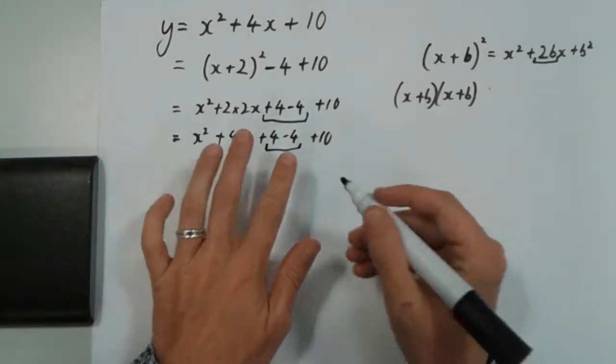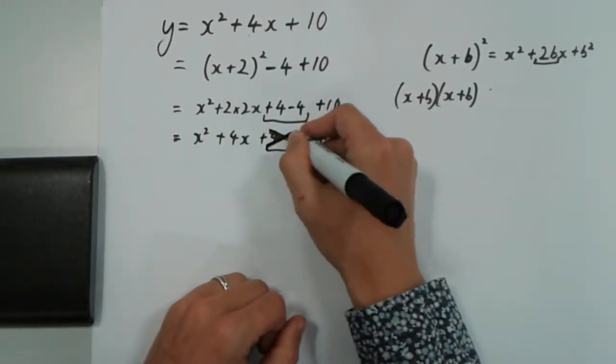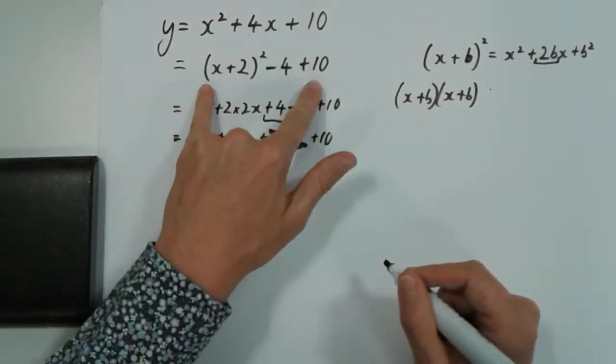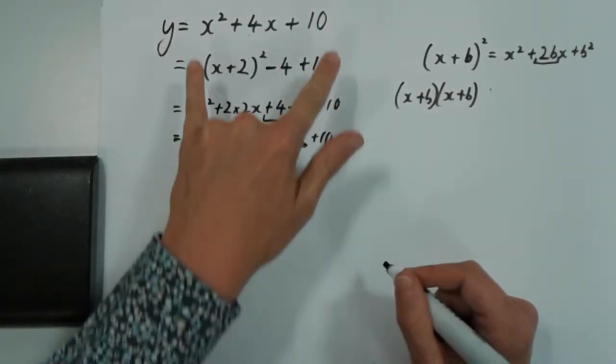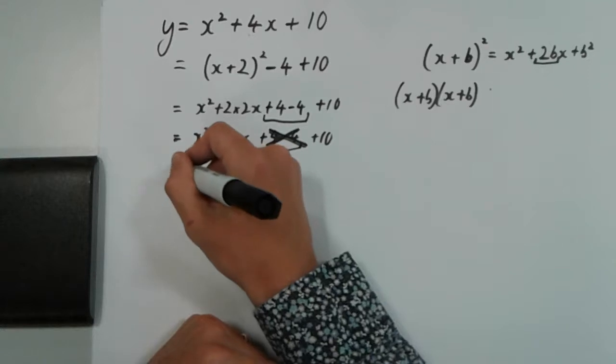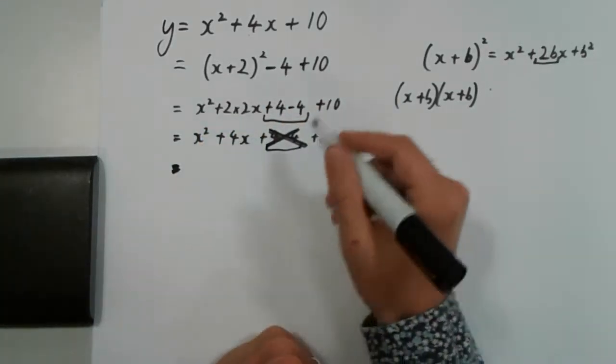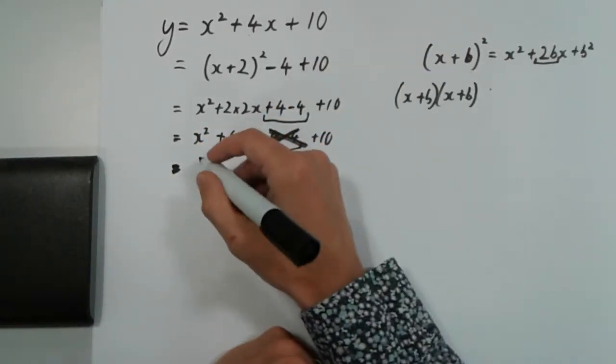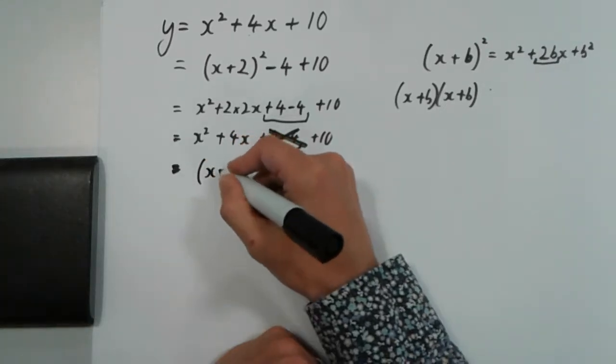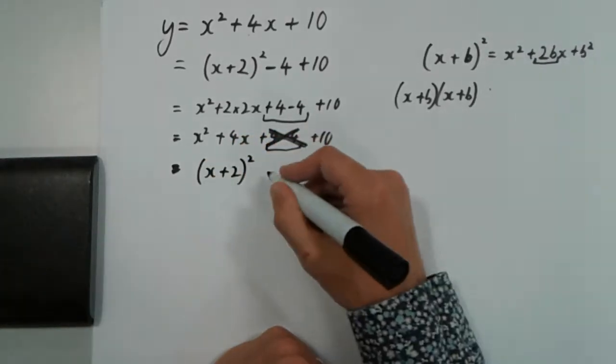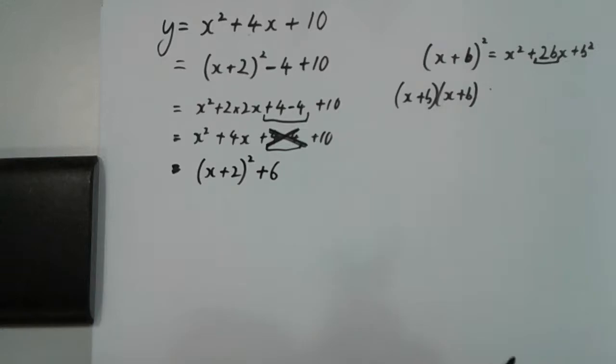And we can see that as those terms do indeed cancel out, this here is exactly what I wanted. So tidying this up a little bit, the completed the square form will be x plus 2 squared plus 6.